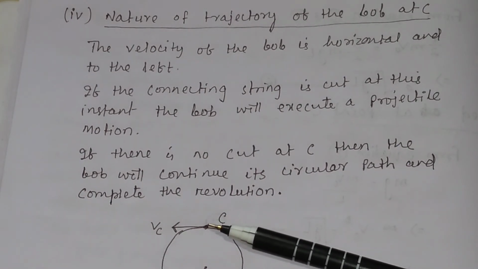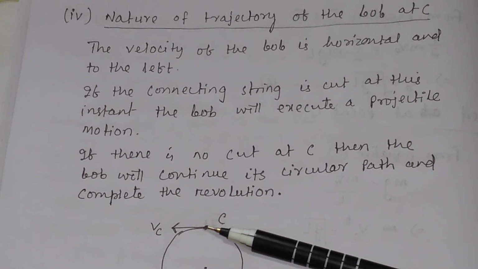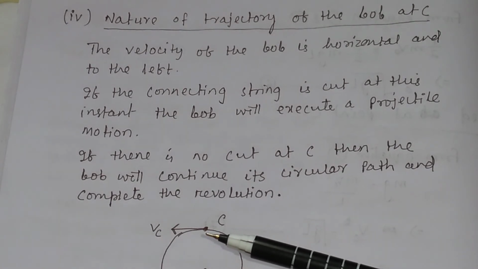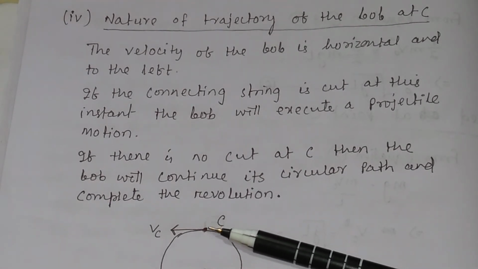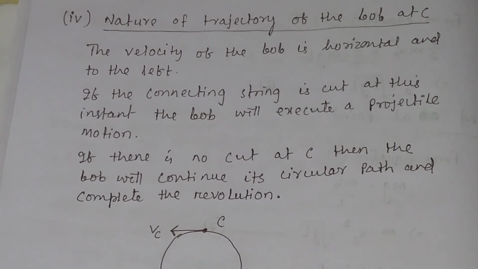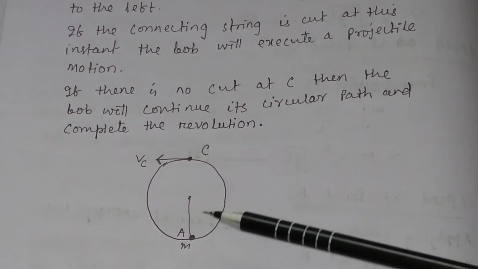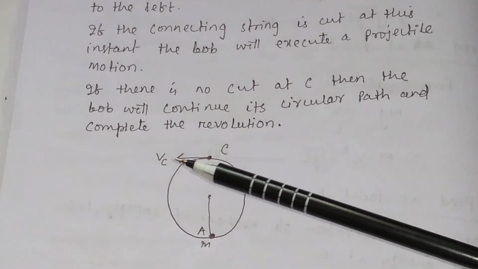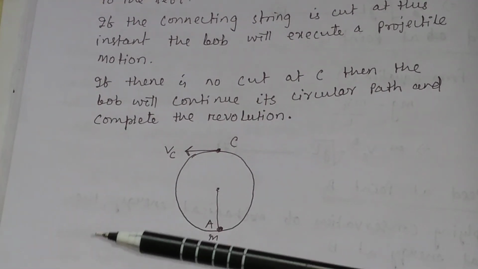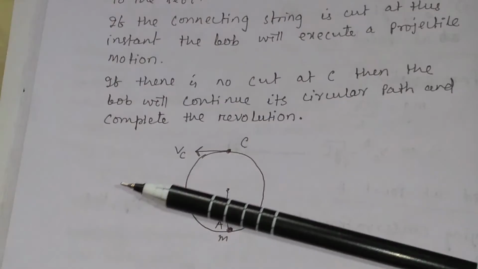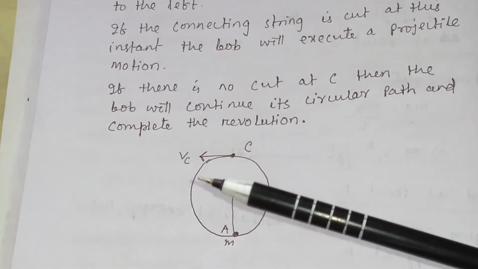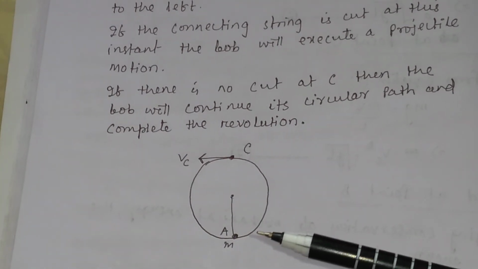If the string is cut at the point C, then it will execute projectile motion. If there is no cut at C, then the bob will continue its circular path and complete the revolution. So as you see in this figure, if the string is cut here, the ball will follow a projectile motion like this. The trajectory will be projectile. And if there is no cut, then the bob will move in the circular path.